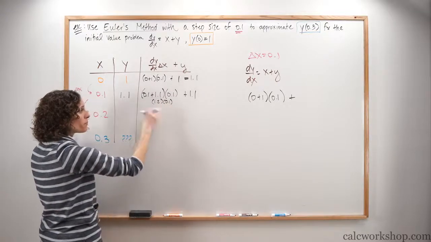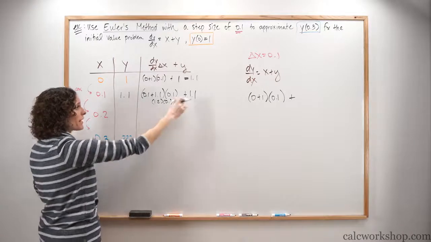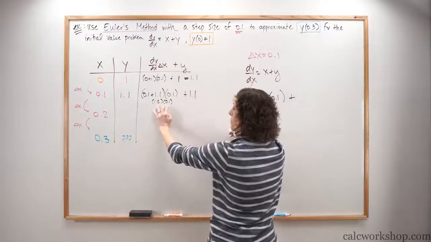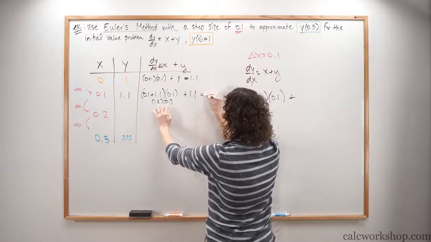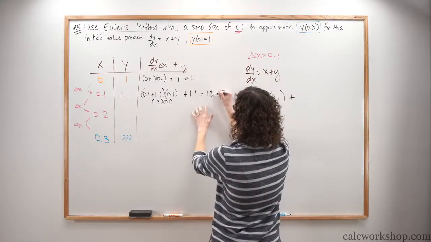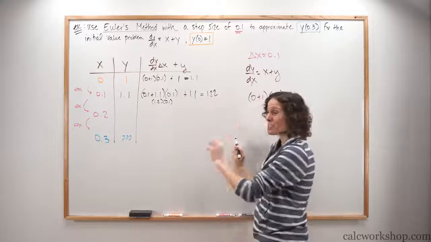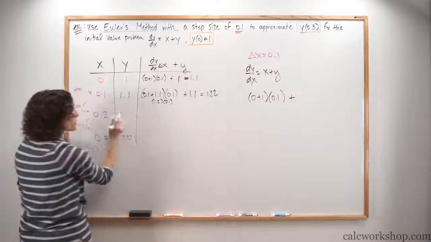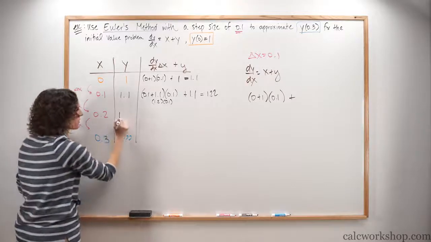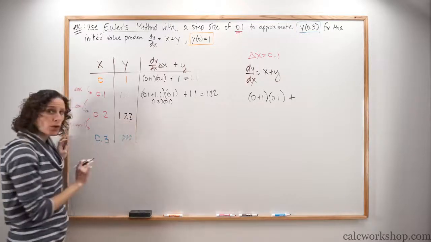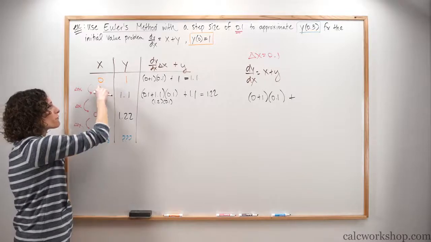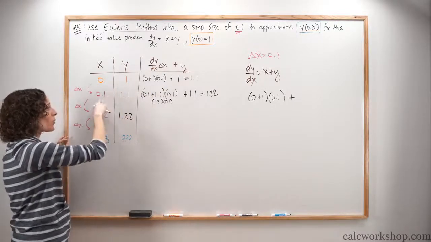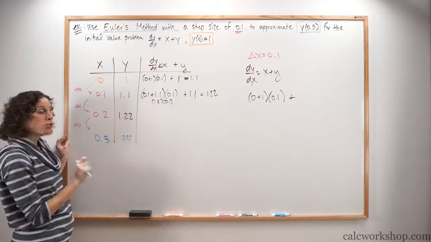Well, when we do that, we're going to move it over. So we've got 0.12 and then plus 1.1. So 0.12 plus 1.1 equals 1.22. So now this is the current y value that's going to go to the next line. So after going 2 teeny steps, we now have a new current y value. So the first value, we got 1.1 after going a small little step. And now going a next step, we're now at 1.22.